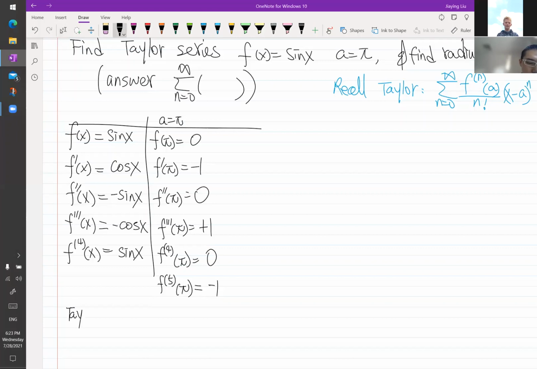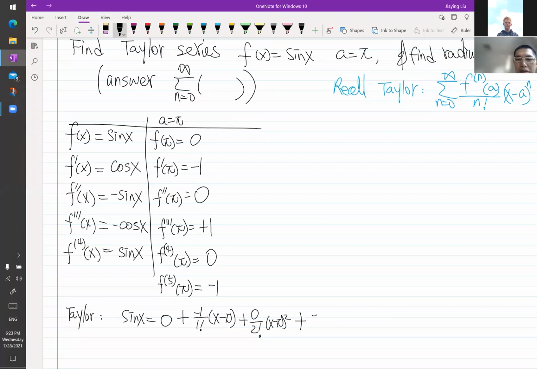So the Taylor series for sine x: sine x equals, when we put in 0, we get 0, plus -1 over 1 factorial times x minus pi. The next term has 2 factorial in the denominator, but it's a 0, so plus 0 over 2 factorial times x minus pi squared. That will just become 0, so eventually we're going to drop it.